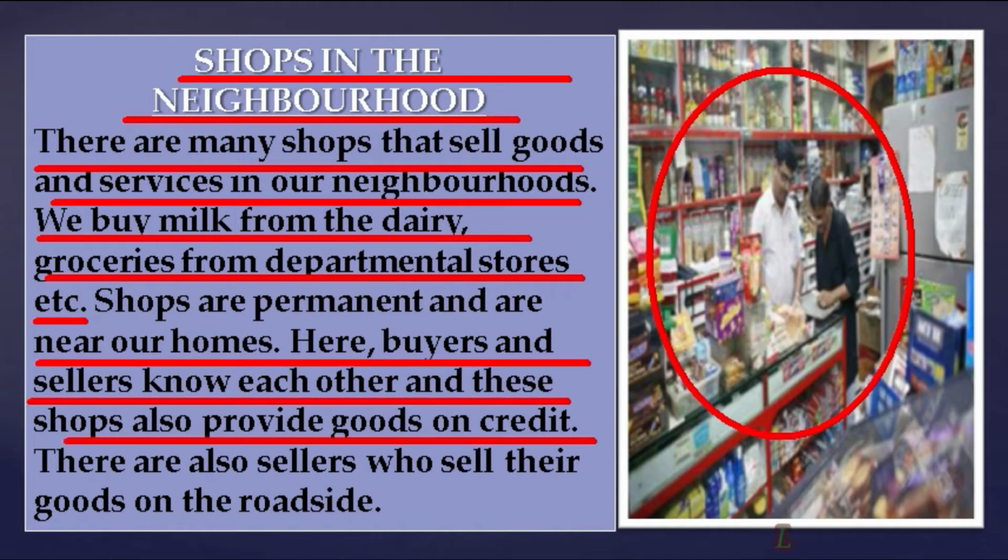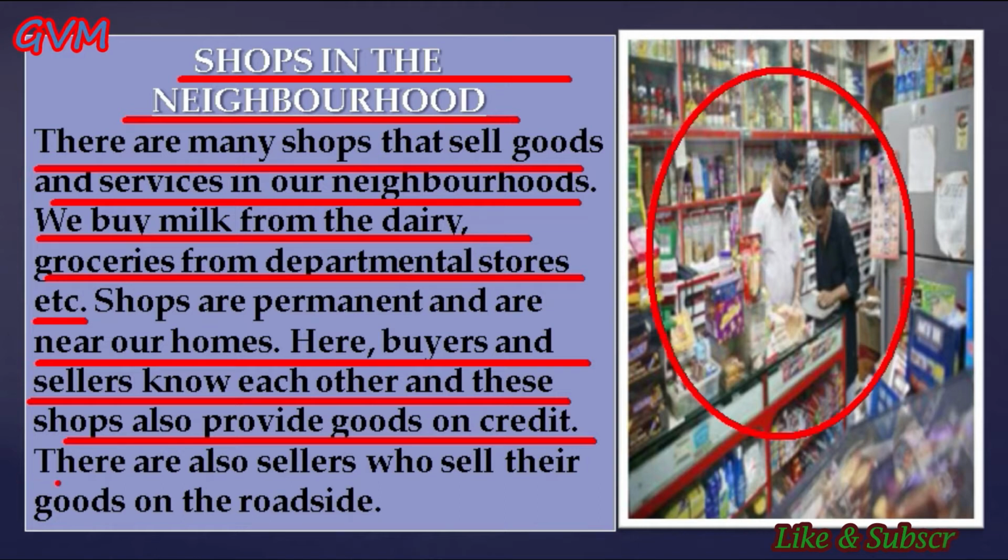And students, the major advantage of these neighborhood markets is that they are available in the vicinity of our homes, and that's why there is an understanding between the buyer and seller. And students, that's why we can get products on credit as well.